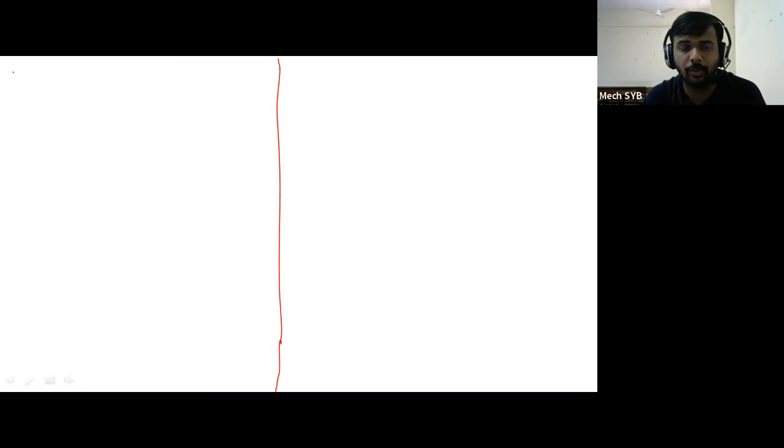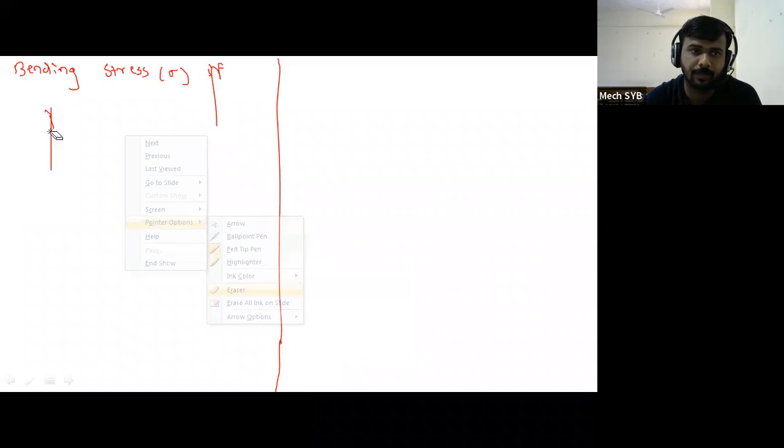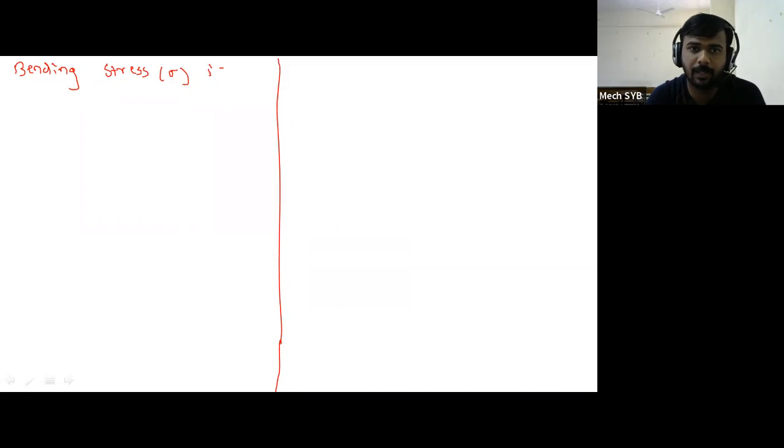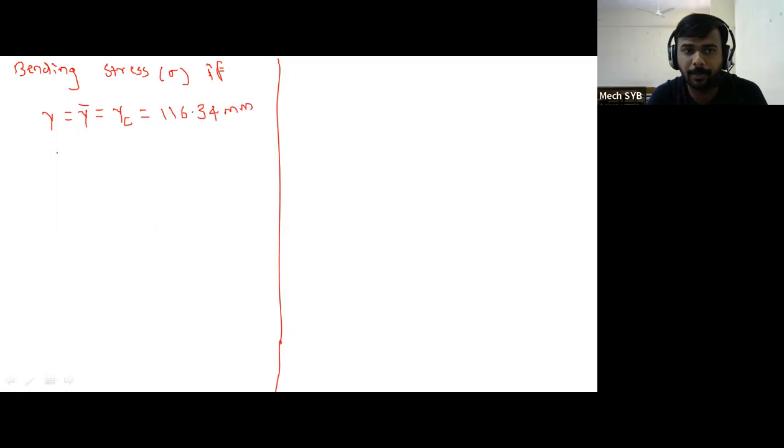Okay, so bending stress sigma, if your capital Y is equal to y bar, the first y bar we obtained, yc, is equal to how much? 116.34 mm. Then what formula do we have to write?